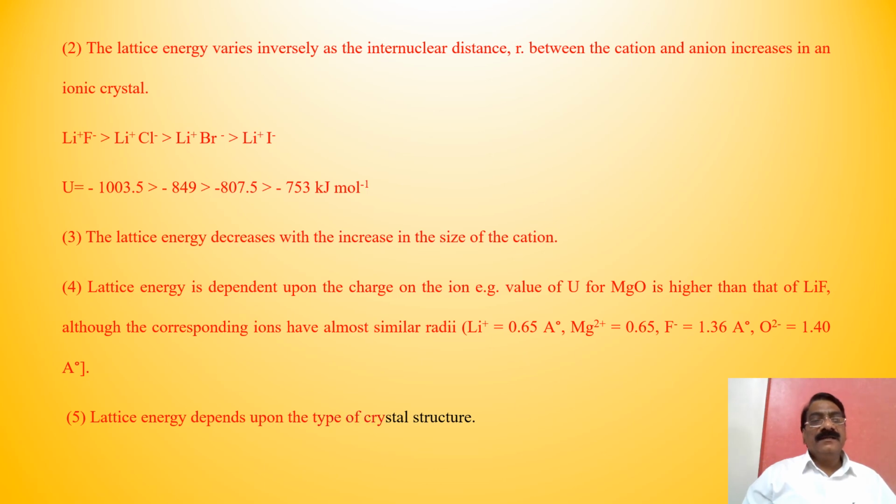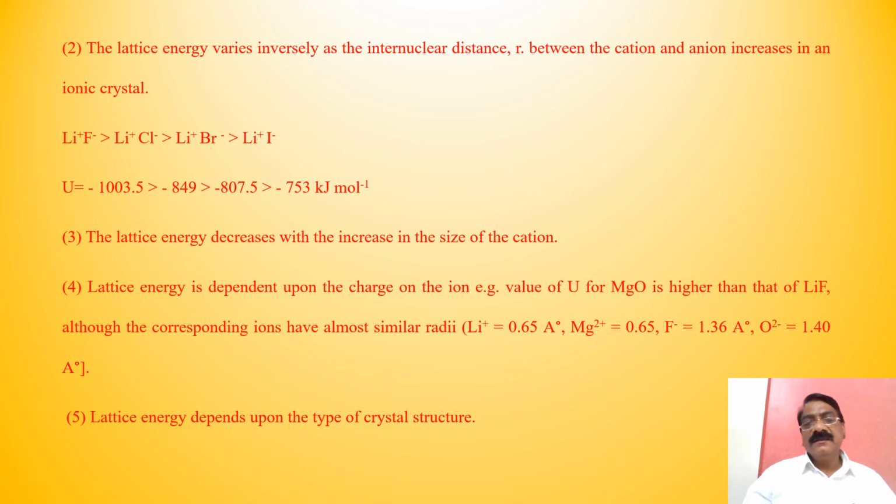The lattice energy depends upon the charge on the ion. For example, the value of lattice energy U for MgO is higher than that of LiF, although the corresponding ions have almost similar radii.